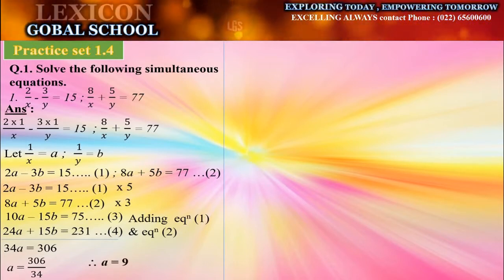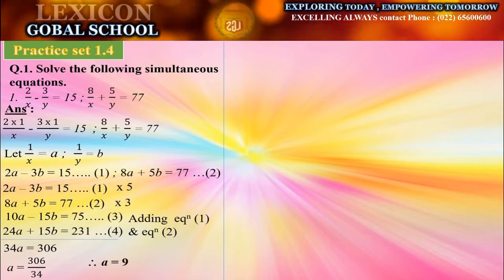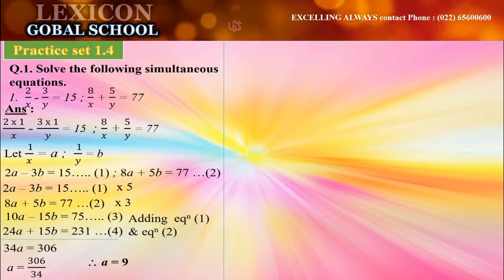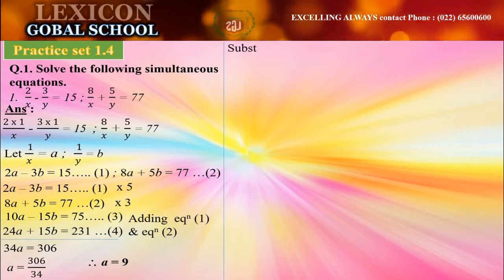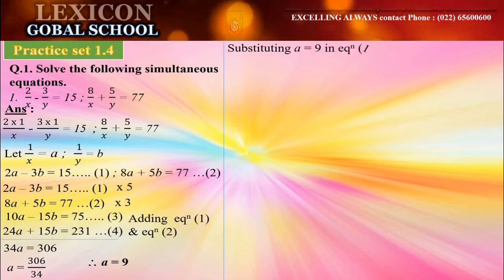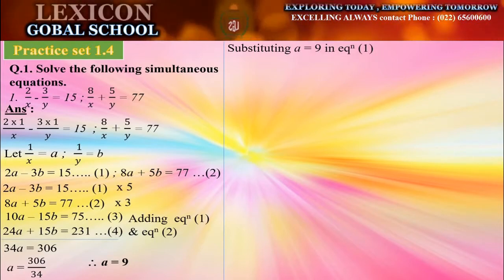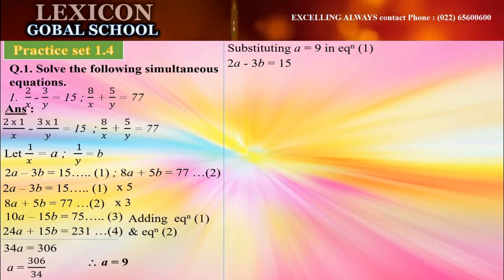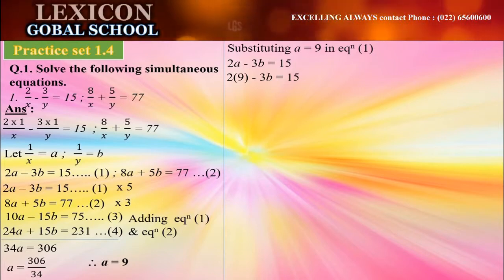Substitute the value of a in either of our equations, whichever is convenient for you. I am substituting it in equation number 1. So when I substitute a is equal to 9, our equation 1 was 2a minus 3b is equal to 15. Instead of a, we substitute 9.